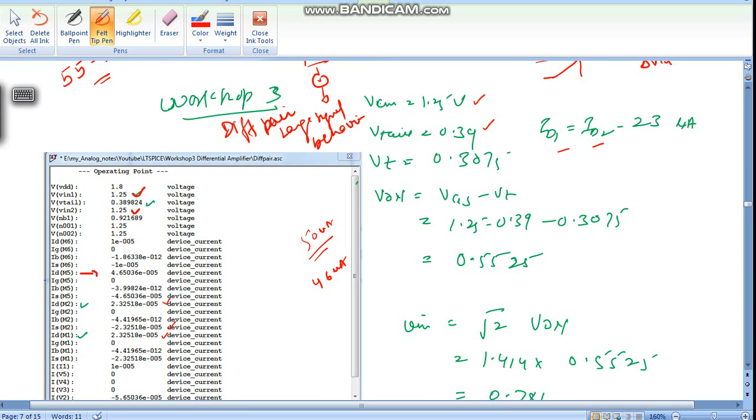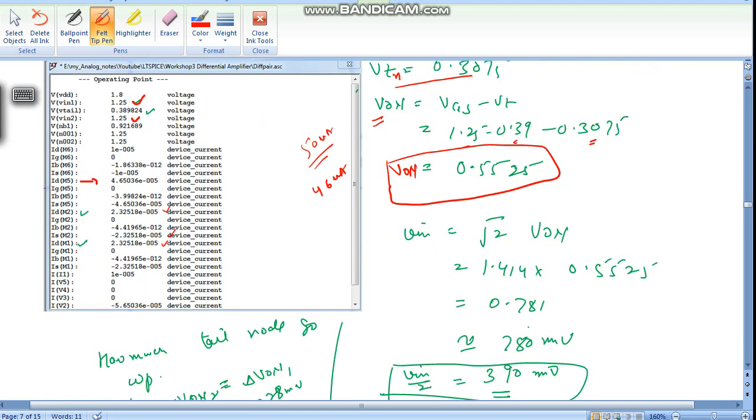Our purpose now is to find the Von value. Von is VGS minus VT. Here I would like to tell you the threshold voltage for NMOS is 0.3075. So Von is VGS minus VT: VG is 1.25, the source voltage, meaning the tail voltage, is 0.39, and this is the threshold voltage. So Von is coming to 0.5525.